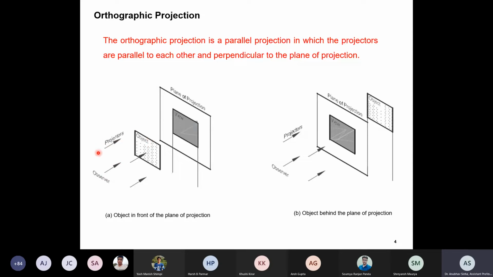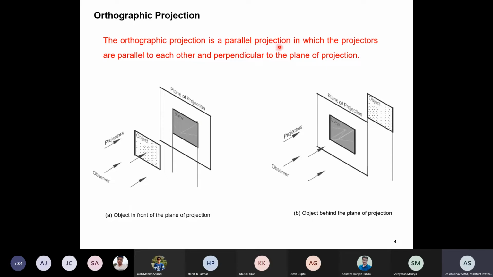You can imagine that light is coming from infinity, or that you have lit a torch from here. But the only trick is that torch light diverges, and your light should be parallel. All the light rays should be parallel, and based on that, this is the plane of projection. It is like a shadow being formed, and this is called orthographic projection.